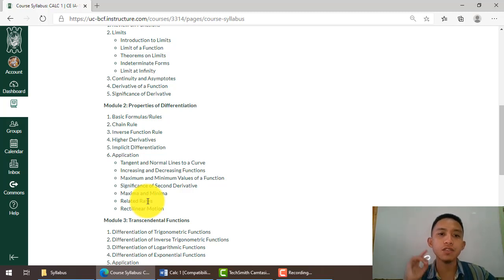We can make use of calculus to deal with these topics. And then rectilinear motion, the same, is on the motion of speed and so forth. So these are the applications of the concepts that we will be discussing here.